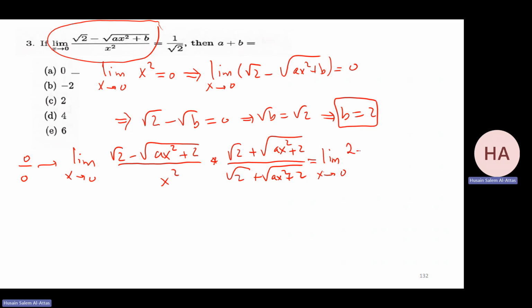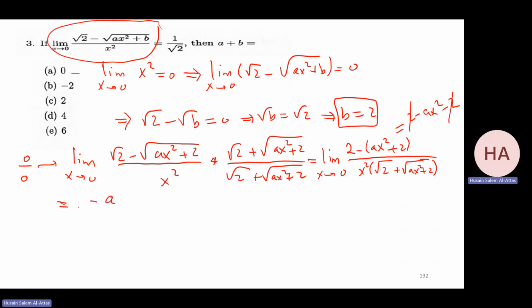So this will be 2 minus (ax squared plus 2) over x squared times (square root of 2 plus the square root of ax squared plus 2). If you notice, this is 2 minus ax squared minus 2. This cancels, and also x squared cancels with x squared.